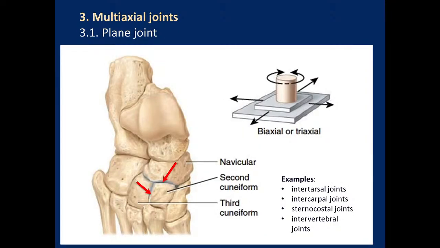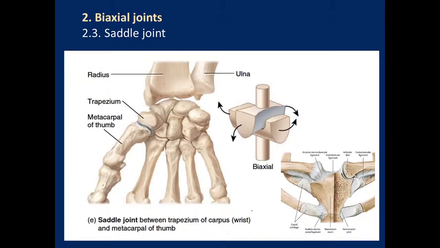And this is the second group of biaxial joints, the saddle joints. Here the surfaces look like a saddle. Sometimes we call this type of joint sellar joints, where the articular surfaces look like a saddle and the bones are saddle shaped.